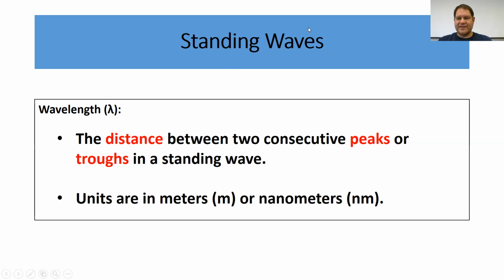I also think you should understand the units we're going to be looking at for wavelength, and that's going to be either meters or nanometers. For light, since that's what we're really focusing on, the units are usually nanometers. So please write that down and make note of those units.